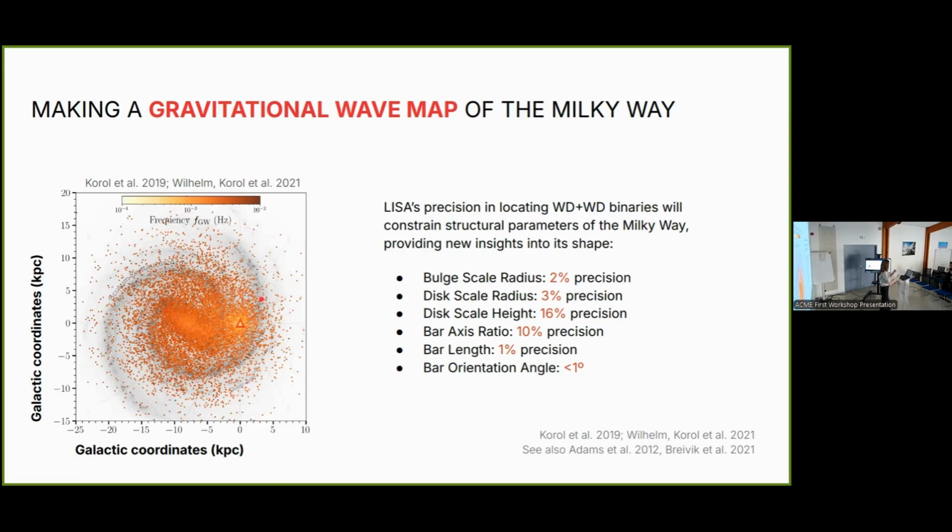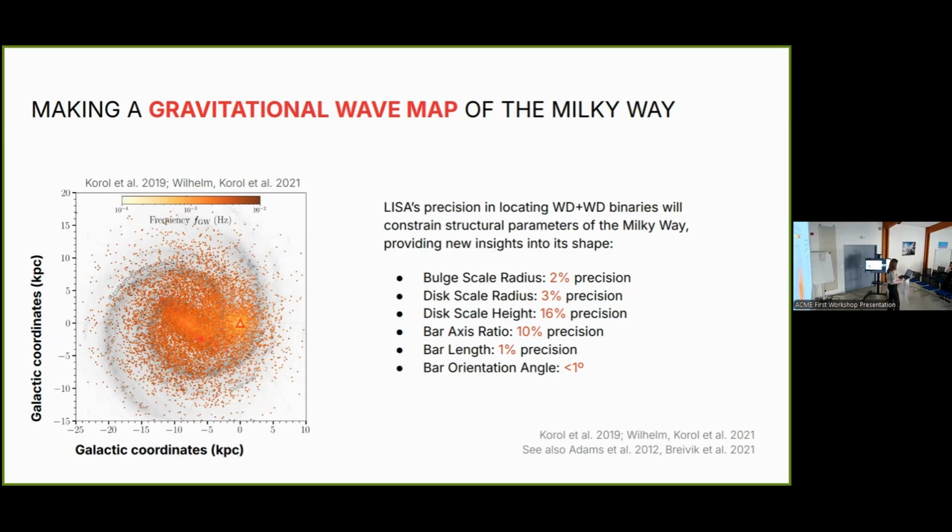We tried to simulate LISA observations and LISA 3D position errors, and then recover the shape of the galaxy that we initially put in. And we find that we can reconstruct the scale parameters of the bulge and the disk, the axis ratio of the bar, and also its length and orientation.